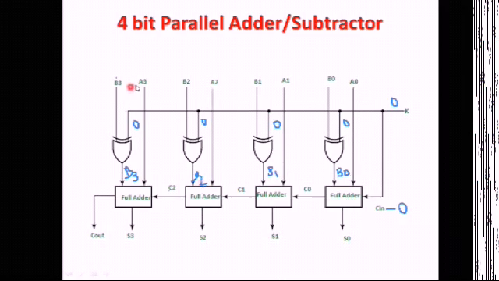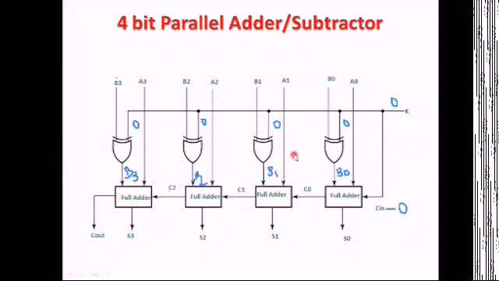So here we are getting B0, B1, B2, and B3, and the other inputs are A0, A1, A2, and A3. So in this full adder, first C in is equal to 0. So here the addition operation will be going on. That is, we will be getting S0, S1, S2, and S3, and ultimately C out.